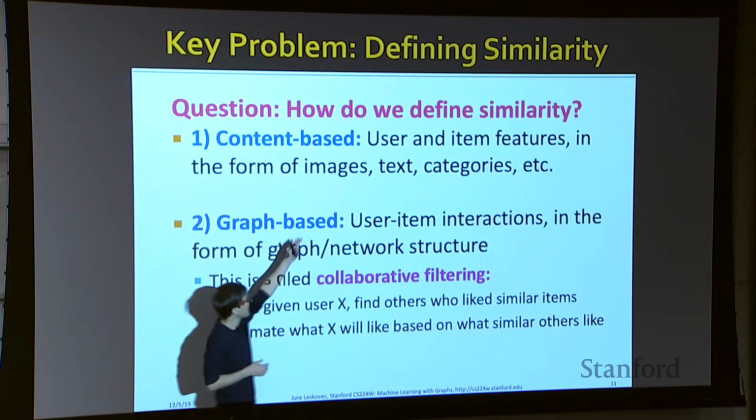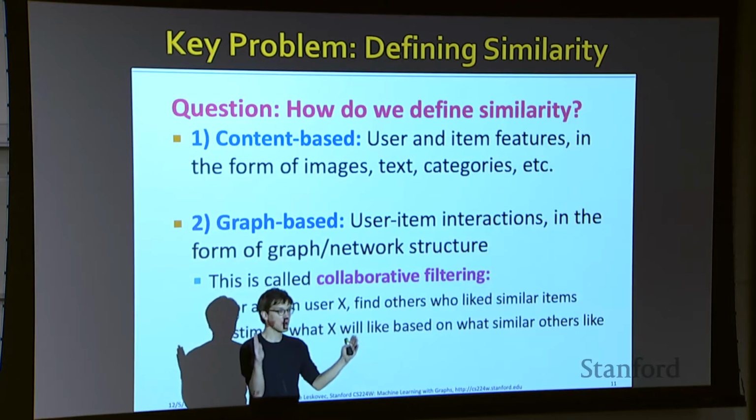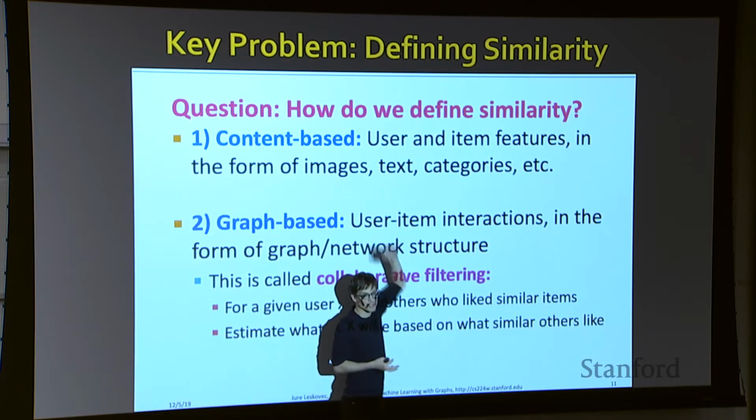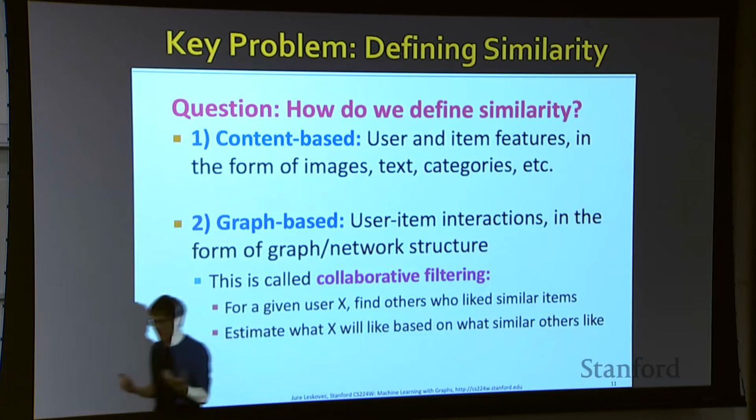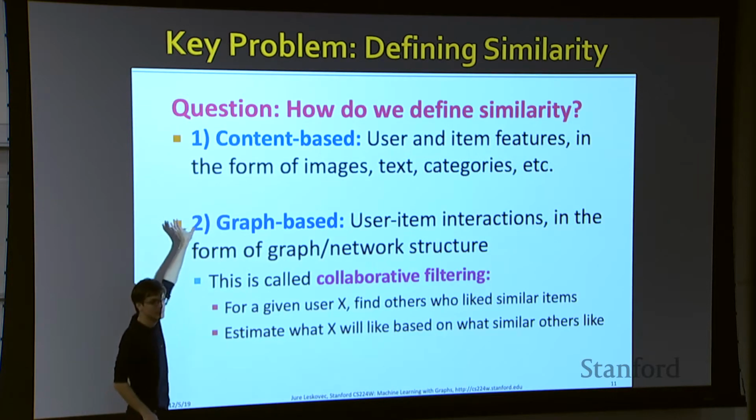So if you have images of products, you would say two products are more similar if their product image is more similar. Or, if their textual description is more similar. And now, once you have one product, you have a set of features, and you find other products that have the most similar feature description. So this is called content-based.